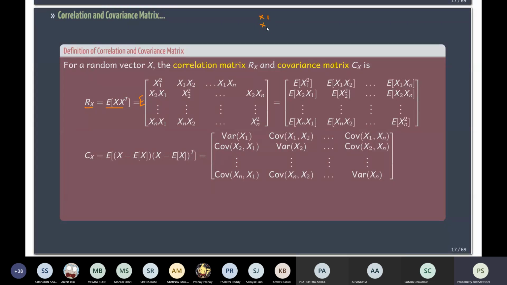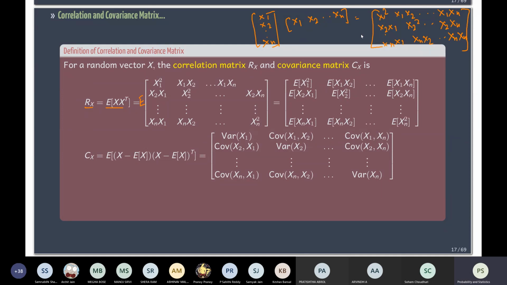X is like this, X1, X2, Xn, and this is the outer product. So like this, and then X1, X2, Xn. If you multiply this out, a column times a row vector, it's possible. So X1 squared, X1 X2, X1 Xn, and then X2 X1, X2 squared, X2 Xn, and then Xn X1, Xn X2, and Xn squared.